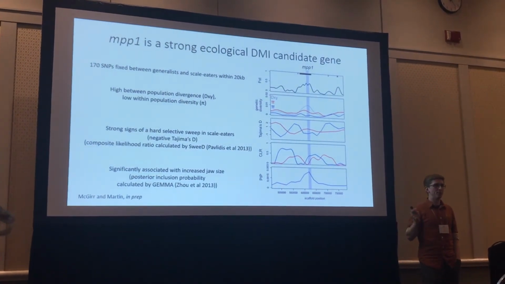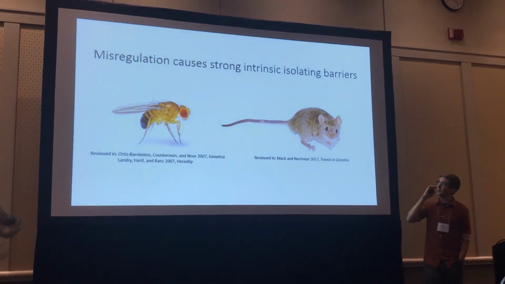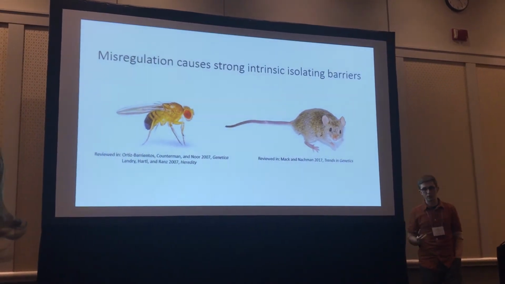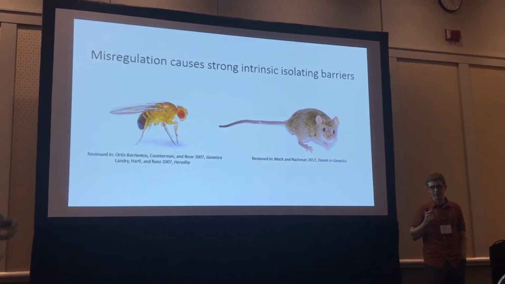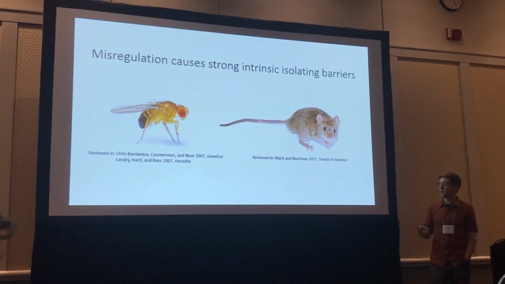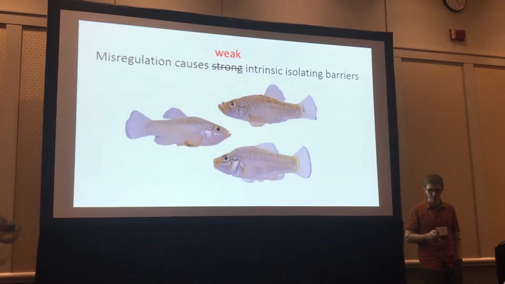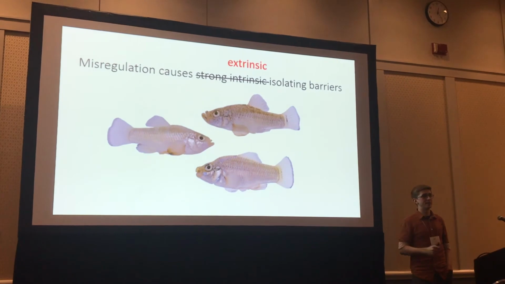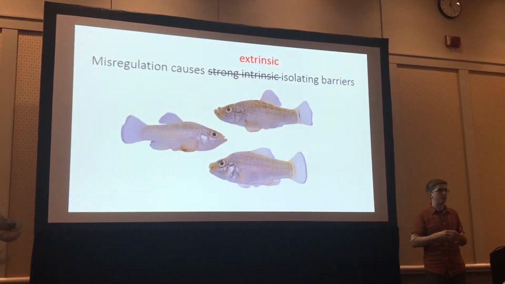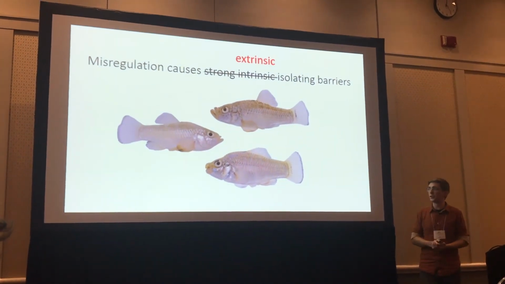But what does that mean for misregulation in the hybrid for important genes like these? I told you that misregulation in other systems is associated with strong intrinsic barriers like hybrid sterility and inviability, which we don't see between these species. So perhaps misregulation is contributing to weaker intrinsic isolating barriers or even extrinsic isolating barriers, where misregulation leads to abnormal development of anatomical and metabolic phenotypes that make hybrids perform poorly in the wild.